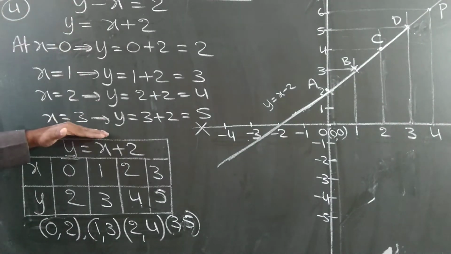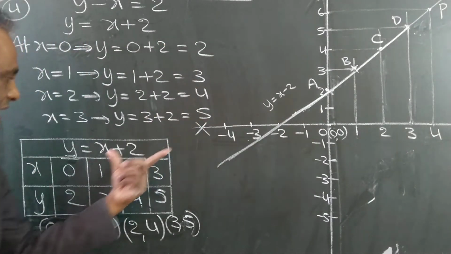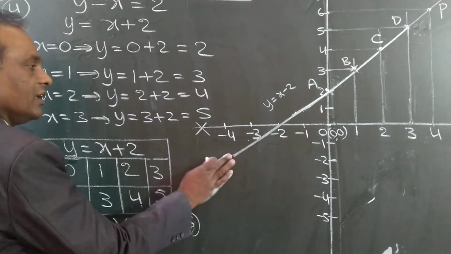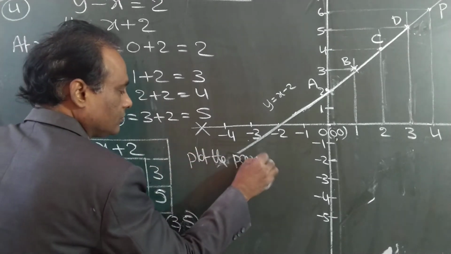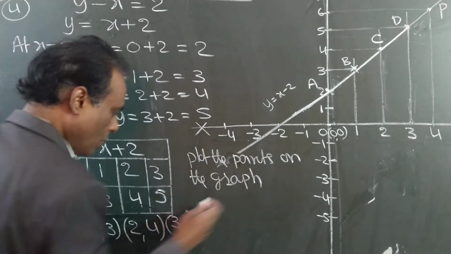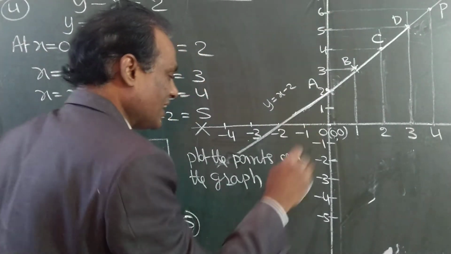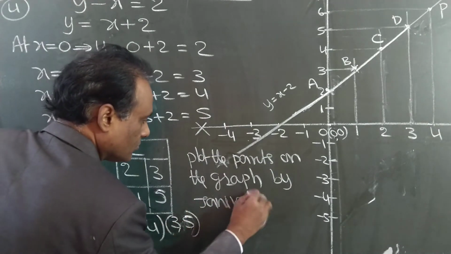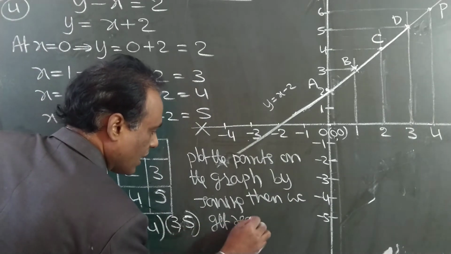So first write down this procedure, how we prepared, how we took x values, how we got the y values. Then write it in the form of a table, write the points here. Up to here you write down. After that, plot the points on the graph. All these points are plotted on the graph. By joining them, we get the required line.